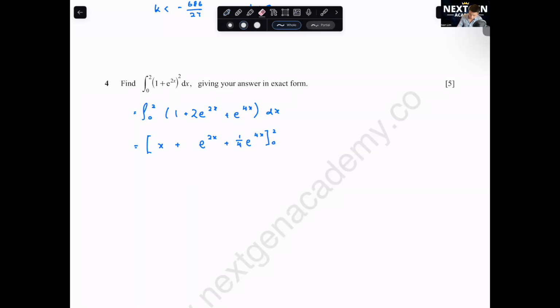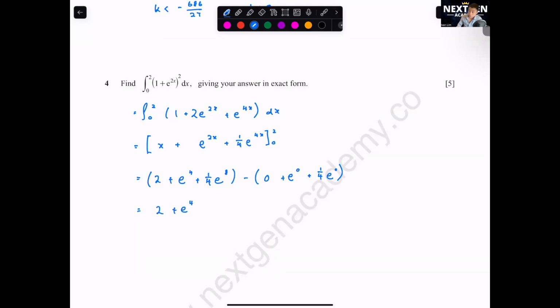Okay, this one I just erase it. So I don't want to keep writing it over and over again. Then we substitute it in: 2 plus e^4 plus 1 over 4 e to the power of 8, minus 0 plus e to the power of 0 plus 1 over 4 e to the power of 0. Okay, anything to the power of 0 is 1, not 0.